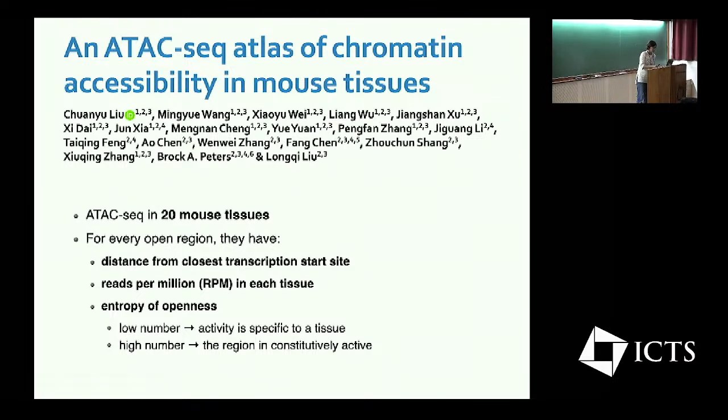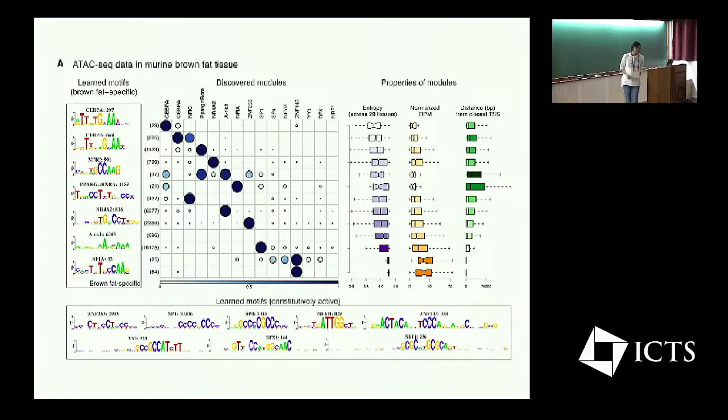I'm just showing you one picture from the paper, which talks about brown fat tissue. You can see the different modules that are detected. It automatically segregates modules based on motifs which appear to be more brown fat specific. This is all de novo.